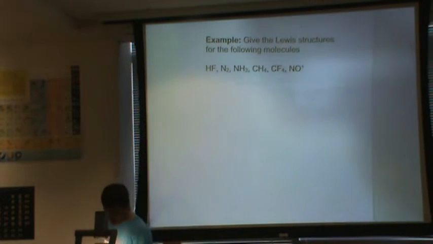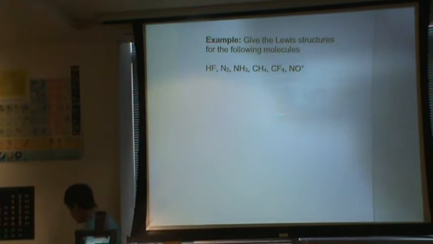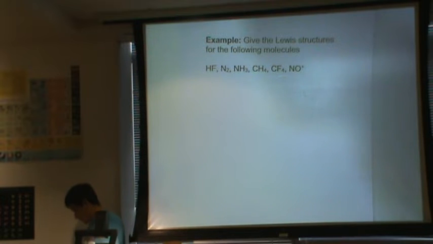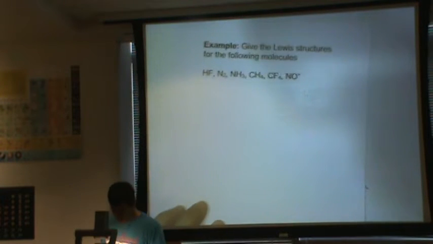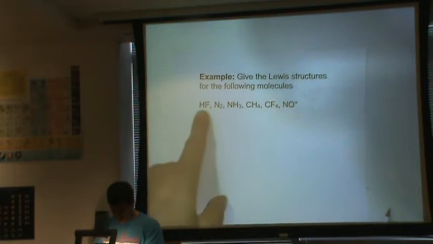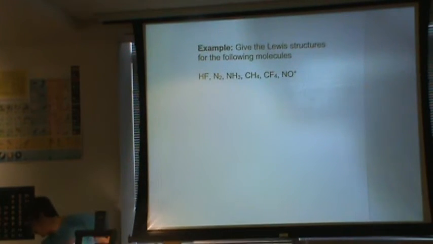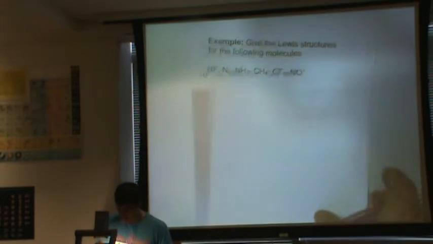Let's do some examples. We're going to give the Lewis structures for the following molecules. The first one we're going to do is HF. Let's do it on a blank piece of paper.